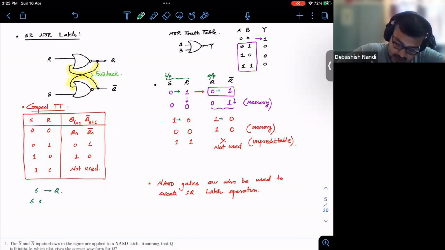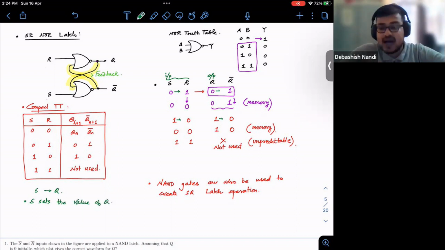So S sets the value of Q, right? When S sets means when S is high, your output is high.